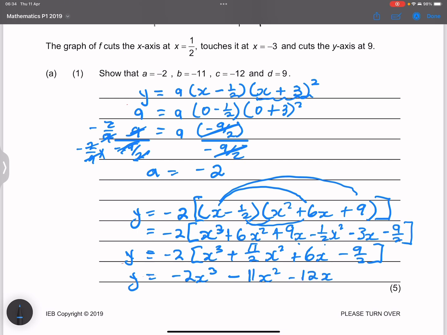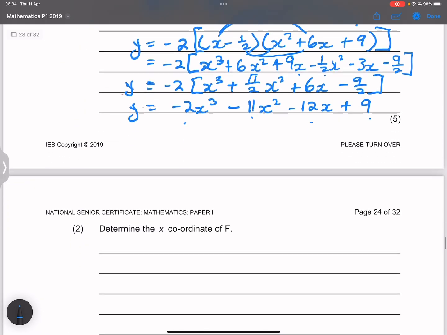And 2 times 9 over 2 would give me 9. But in this case, a negative times a negative gives me a positive. And definitely, a is -2, b is -11, c is -12, and d is 9. And that is how the cookie crumbles.